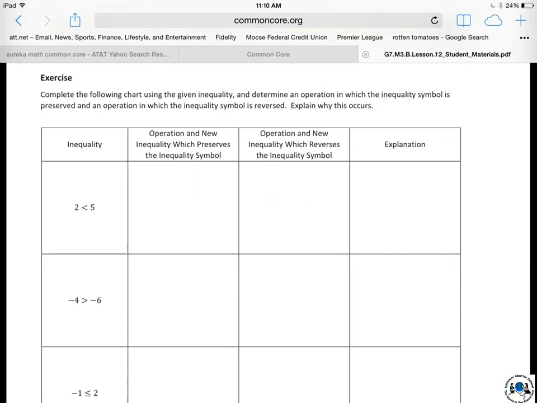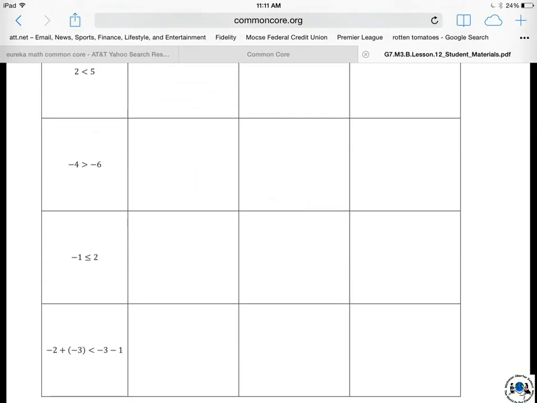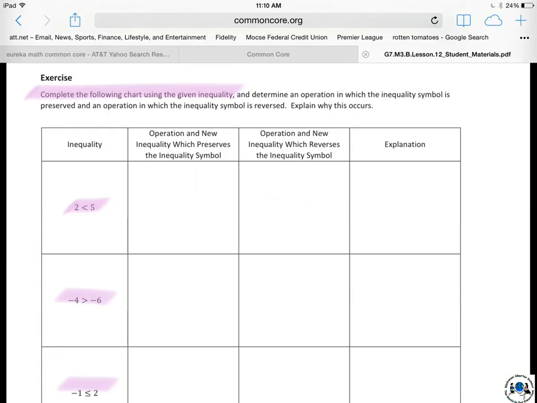Because what you're going to do here is complete the chart using the given inequality. So you're given these inequalities here. These are all going to be given to you, so you have those to use. But the idea is to create an operation and a new inequality which preserves the inequality symbol.